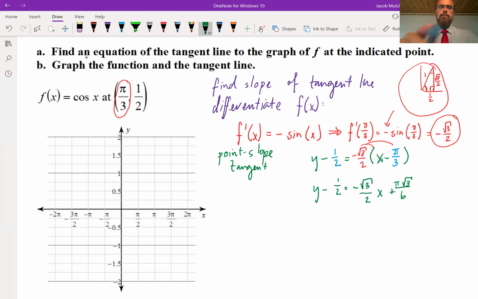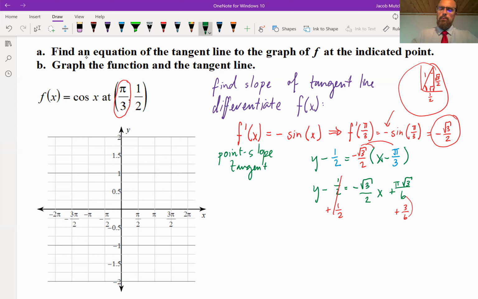My last step to solve for y here, to get my mx plus b form, is to add half. Now I'm going to add that as 3 over 6 so that I have common denominators between my two terms.